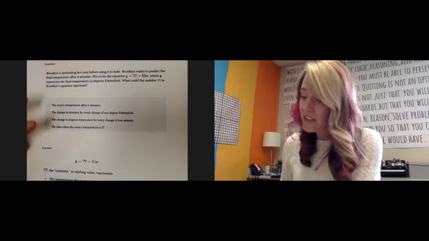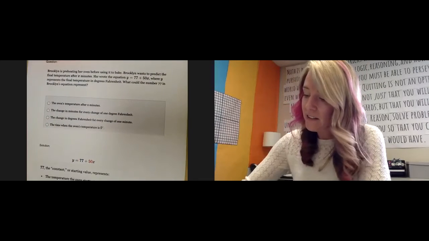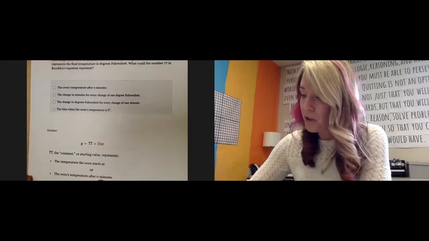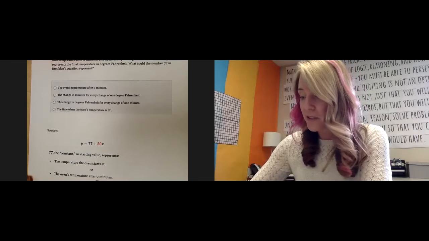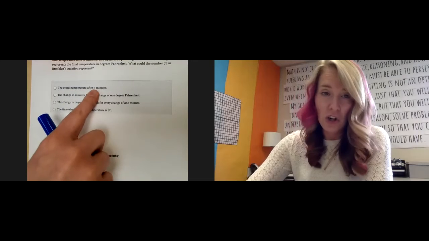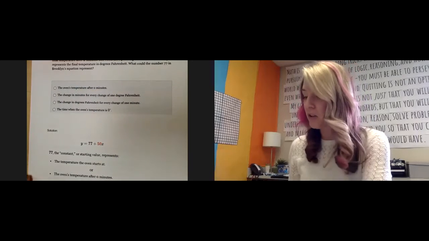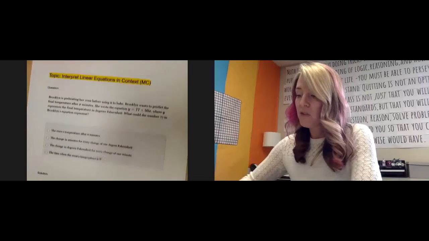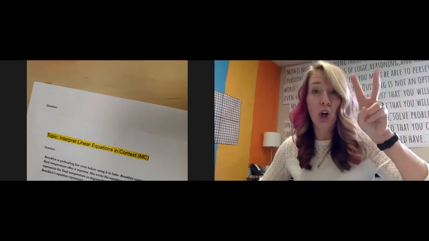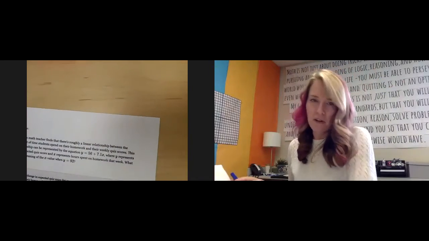So 77 right here is the temperature that the oven starts at, or the oven's temperature after 0 minutes, right? When you see 0 on your time, that's another way of saying the start. And that's a good way to think about that one. So just remember there's that constant. It's not tied with your X, not tied with the per, and that's going to be your starting point.